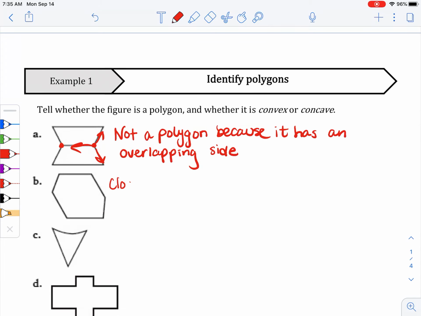This next one is closed, more than 3 sides, and no overlapping sides. So this is a polygon. And more specifically, this is a convex polygon.